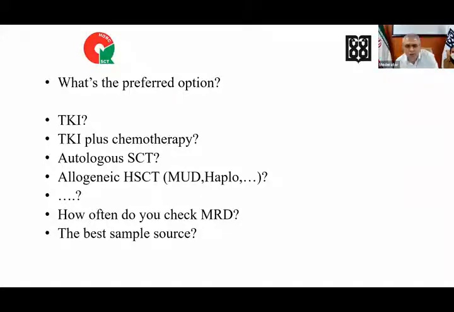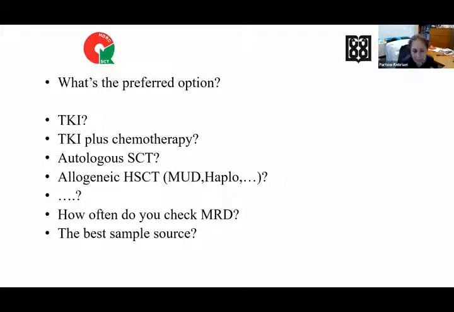Recently, a Chinese study was published that in Ph-positive, MRD-positive ALL, the result of haploidentical was better than MUD, matched unrelated donor. What's your opinion?